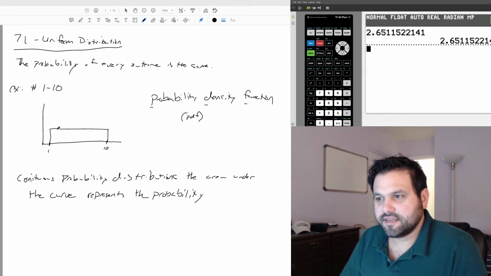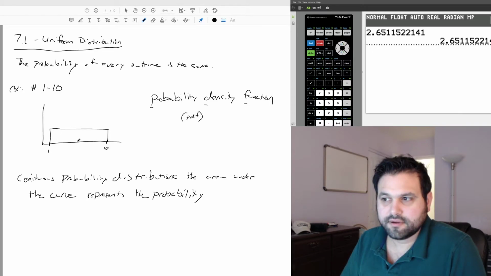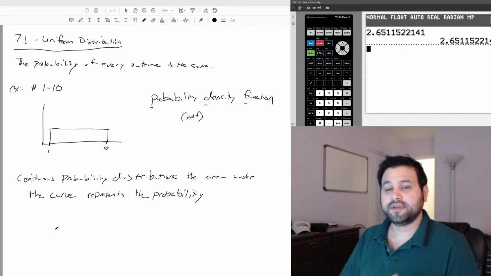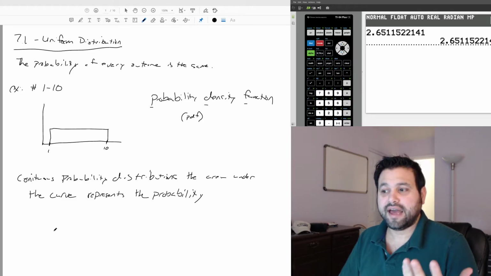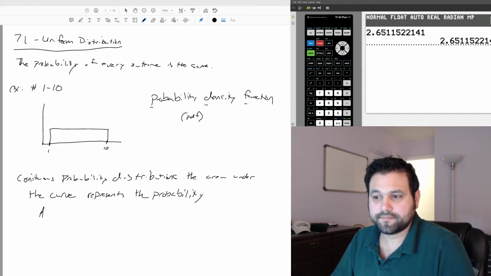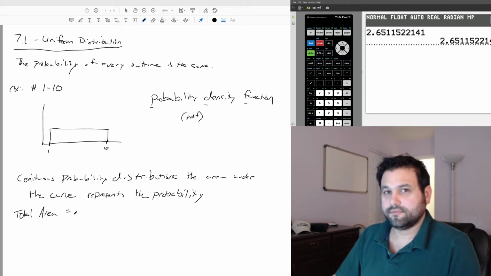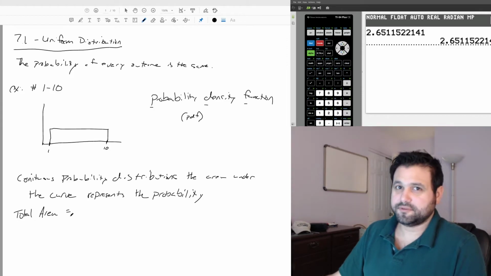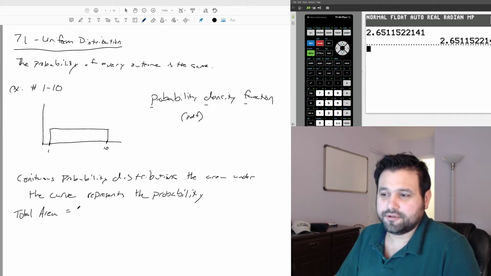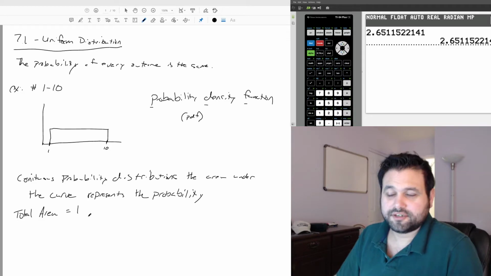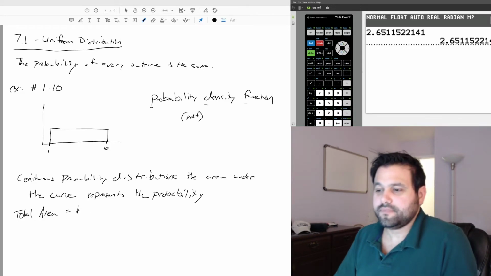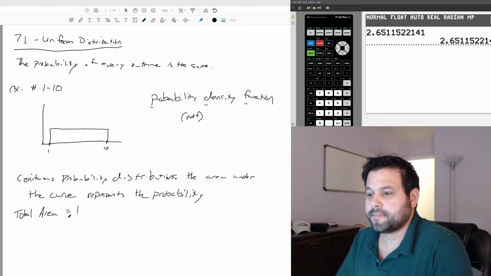So that means in this uniform distribution, the area represents the probability. Because this is a probability distribution, that means that the total area must equal, what's that probability distribution to be a valid probability distribution? It has to total 1, right? The total area has to be 1, or 100%, right?